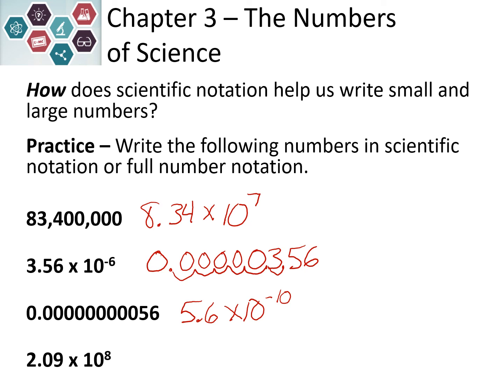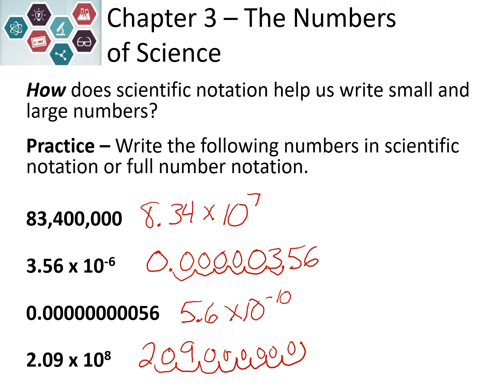If we write this, our 2.09 times 10 to the 8th, we're going to have to include 6 zeros. So 1, 2, 3, 4, 5, 6, which is a total of 6 zeros that we've added to get to our expanded number.